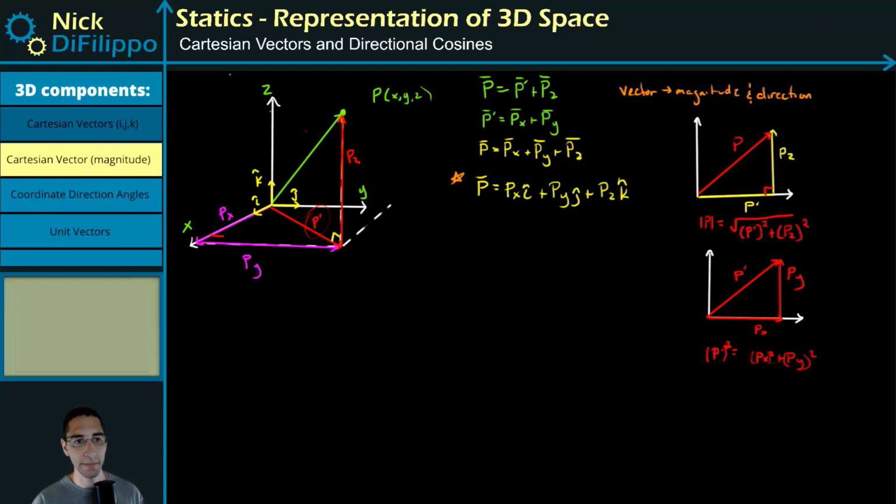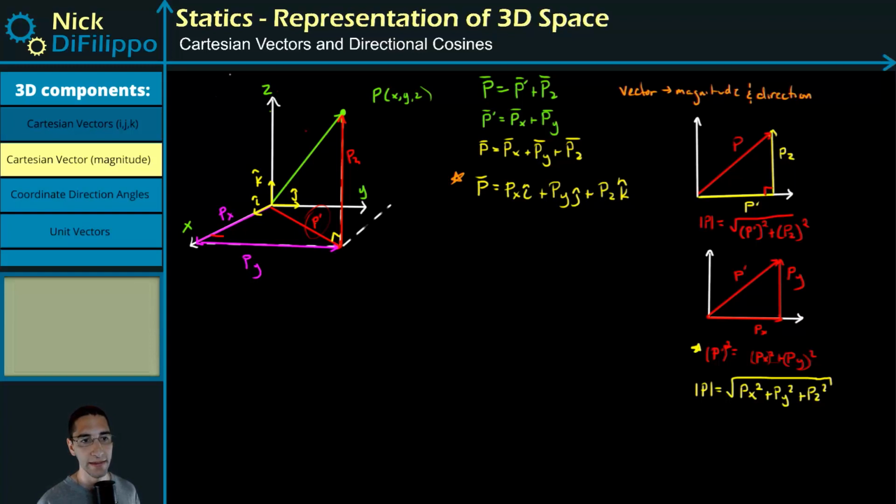So I can substitute this into here, and I get that the magnitude of P is equal to the square root of Px squared plus Py squared plus Pz squared. So the magnitude of a vector is the sum of all the squares of its components.